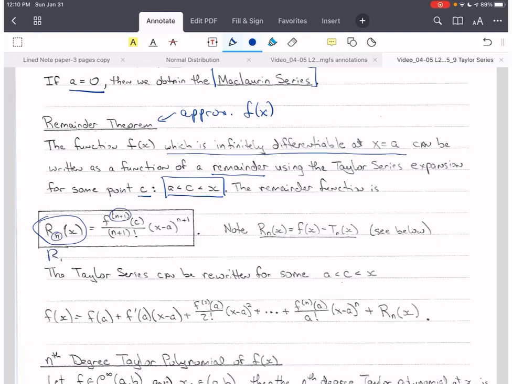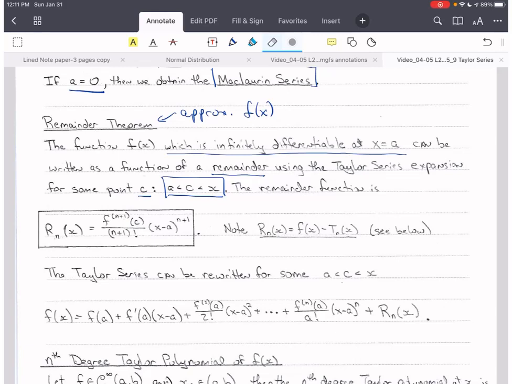So if you wrote n minus 1, then you'd have f of the nth derivative of c over n factorial, times (x minus a) to the n. Okay, so make sure you're consistent with your notation if you want to do something different. Just write it out so that I will know when I'm grading that you have used this correctly, and you're not off by 1 in the index.